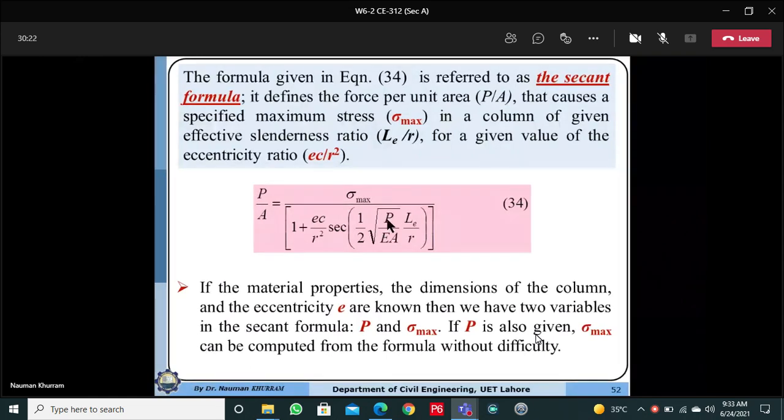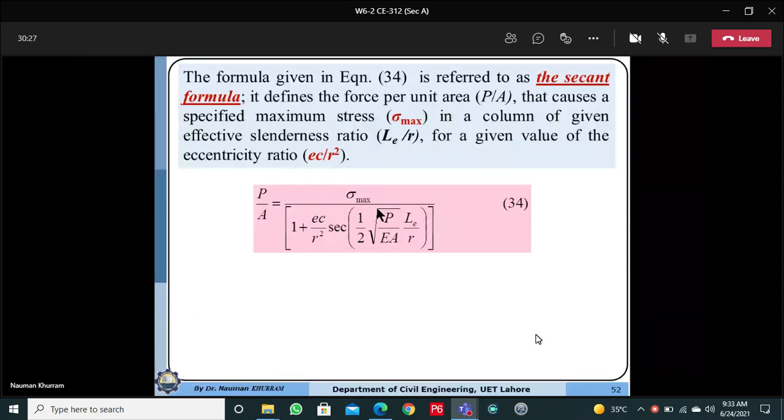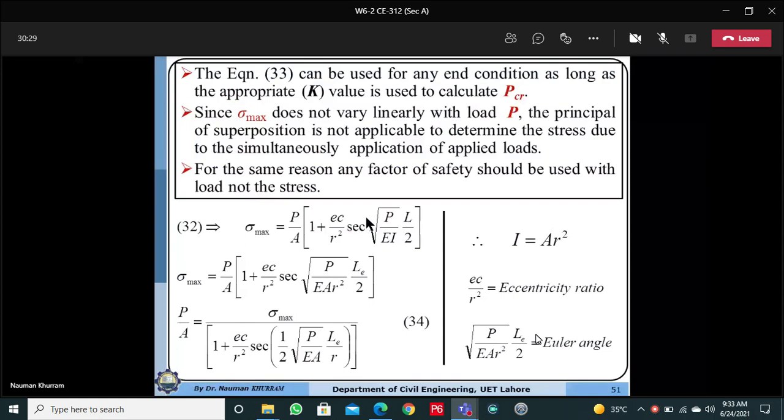What is the trial and error method? Maybe instead of using this equation, it is better to use equation number 32. The maximum stresses are specified, for example, 200. We are given the E value, C value, R square, and EI value. Only P is unknown. We shall substitute any random value of P and compare the answer of the right hand side with the left hand side.